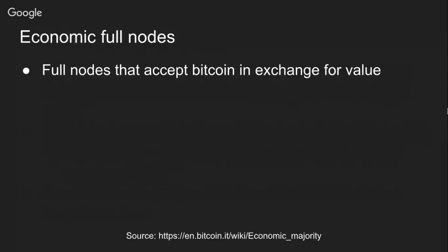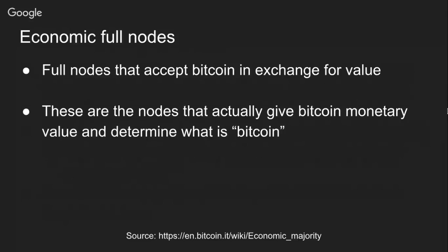So instead of just sitting there on the network passing messages back and forth, people who use economic full nodes are actually using their full nodes to verify incoming transactions, and then based on the validity of those transactions, exchanging Bitcoin for goods and services of real value. So these are the nodes that actually give Bitcoin monetary value and determine through consensus what is Bitcoin.